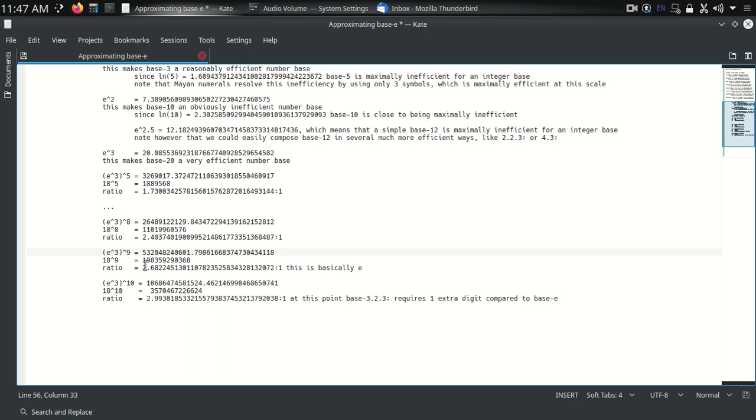At the scale of about half a trillion, our ratio is 2.68 to 1. So we're real close to needing an extra digit here. And in the next one, when we go out one more, we get to the point where we've exceeded E to 1. So at this point, base 323 or base 18 requires 1 extra digit compared to base E.